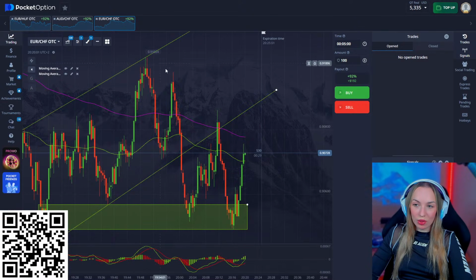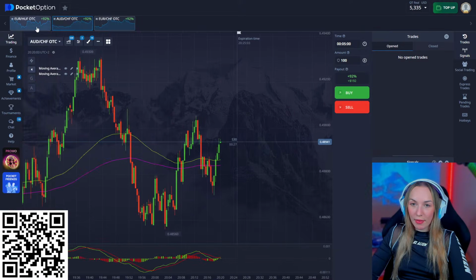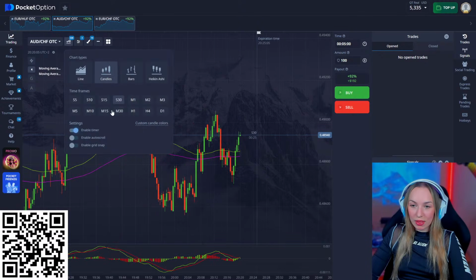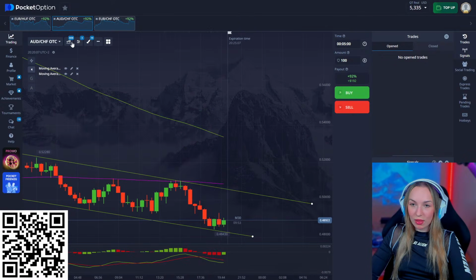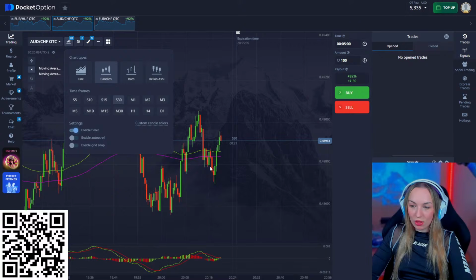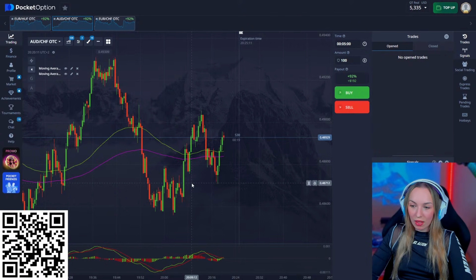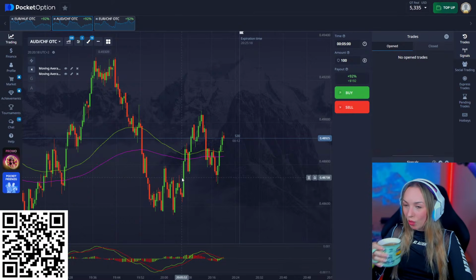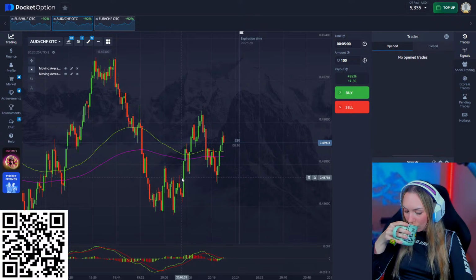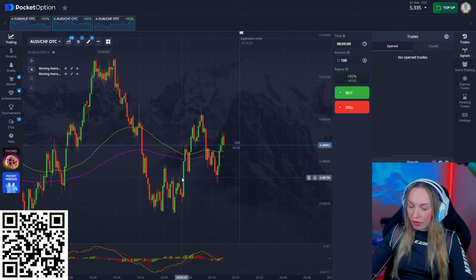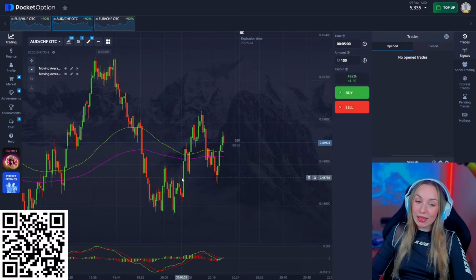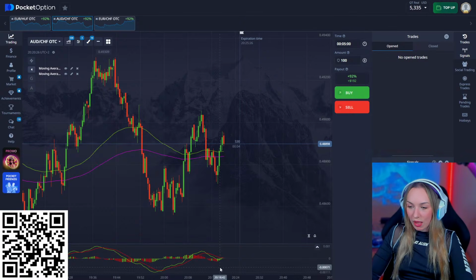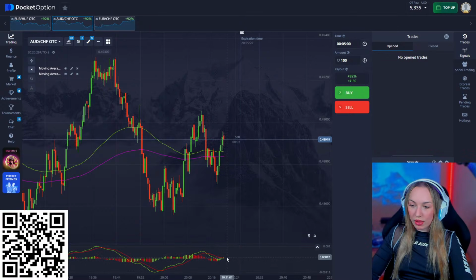If we look at the tops of the price mountains, so-called price mountains, on AUD CHF, actually I think it's forming the signal to open a trade in the upward direction. I think maybe we can open a trade here, even though the signal is not perfect, because as you can see, MACD is crossing in the overbought zone.